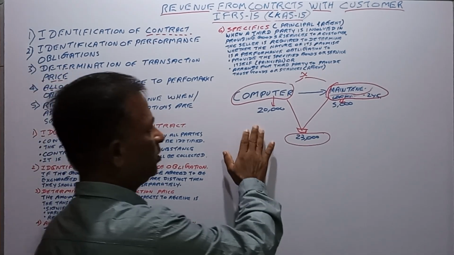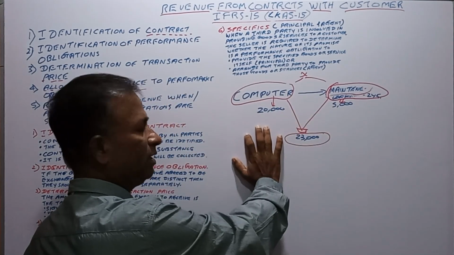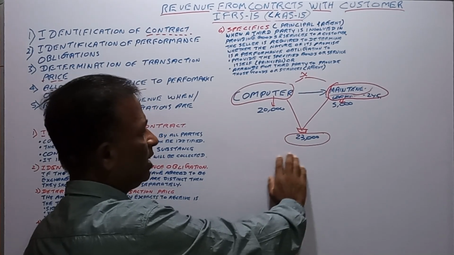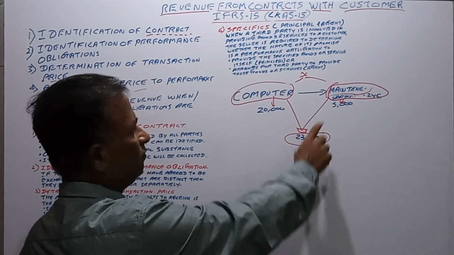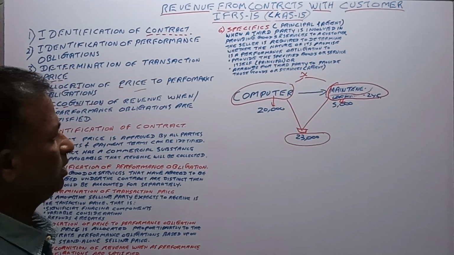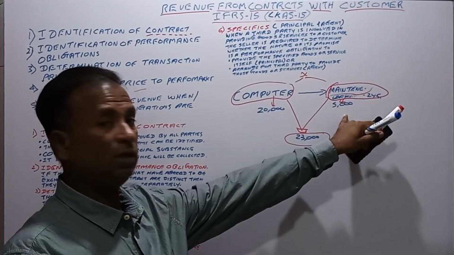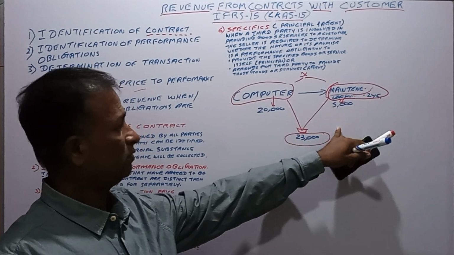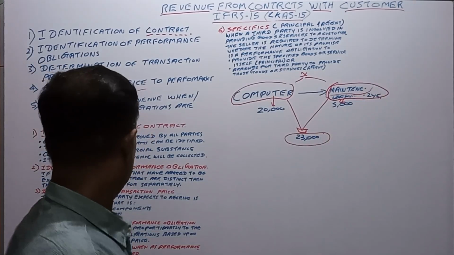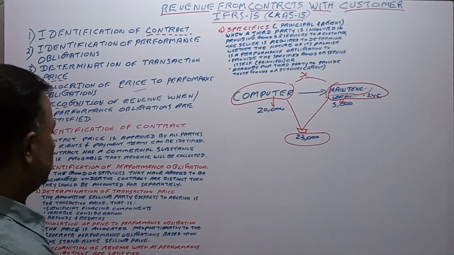If you purchase these two things separately, you will incur a cost of 25,000. Whereas if you purchase both together today, you will pay 23,000. You get a discount of 2,000. That's what they say. Allocation of price to performance obligations.